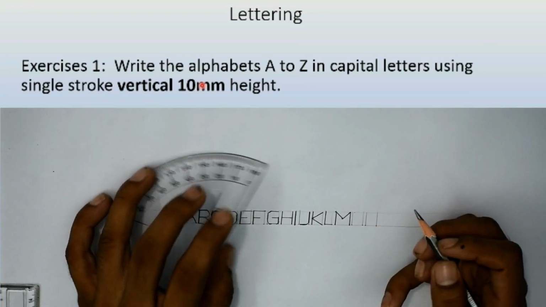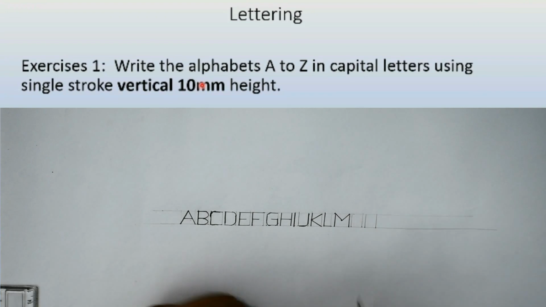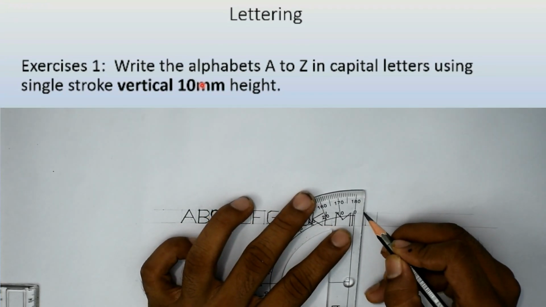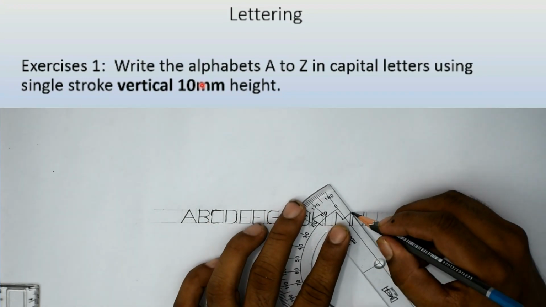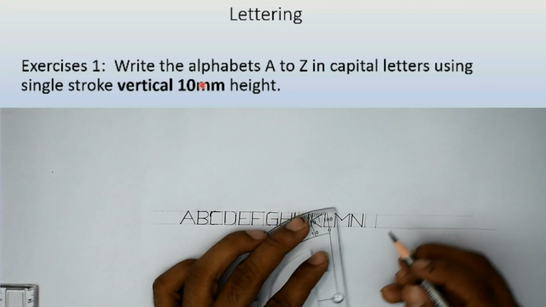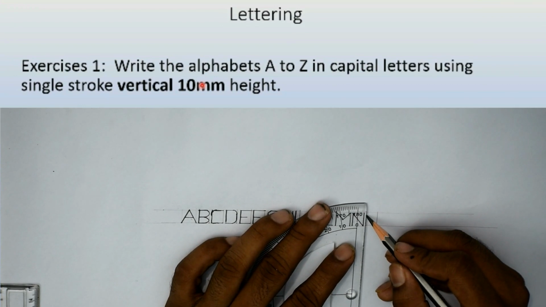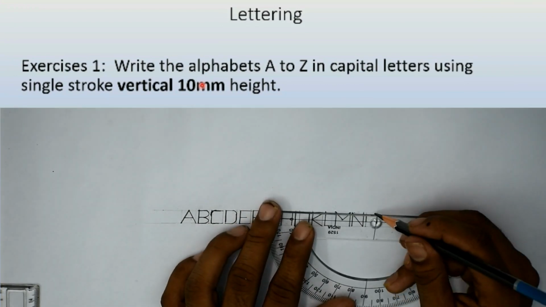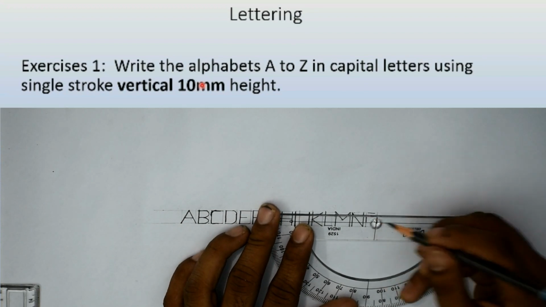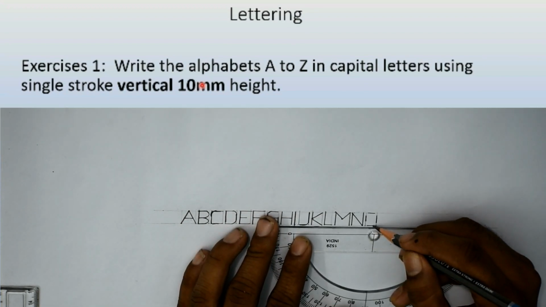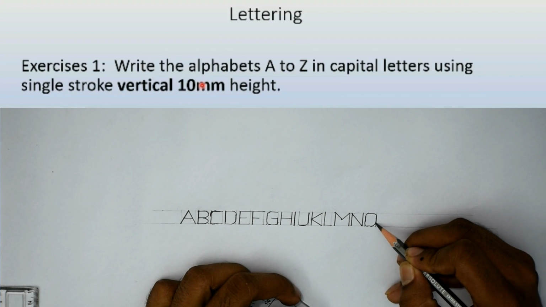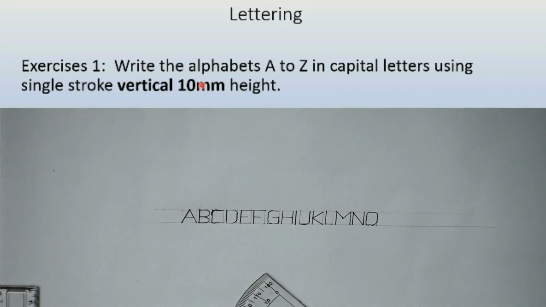This is the letter M. And for O, just draw 4 lines, but do not complete this. Just shade this line here. See that I have not drawn the complete shape. And give the finishing touch with the free hand. So this is the letter O.